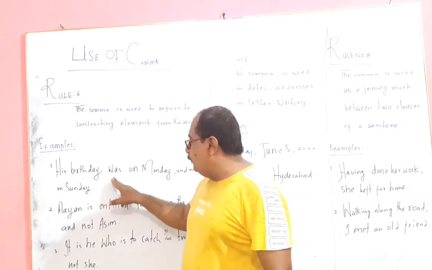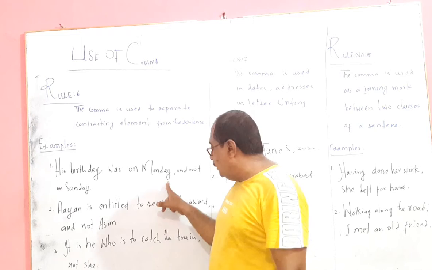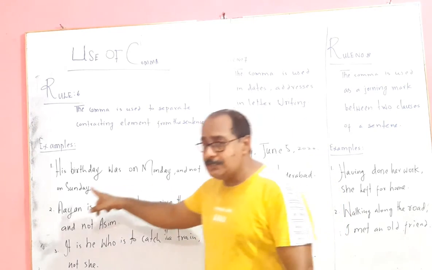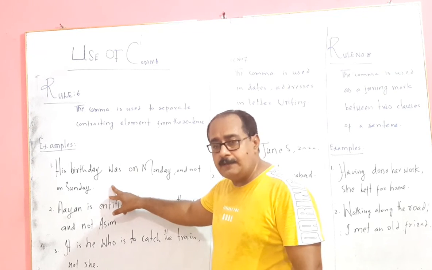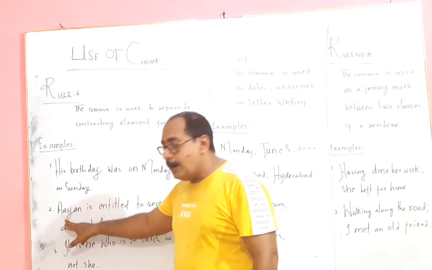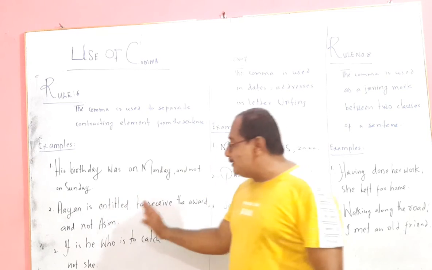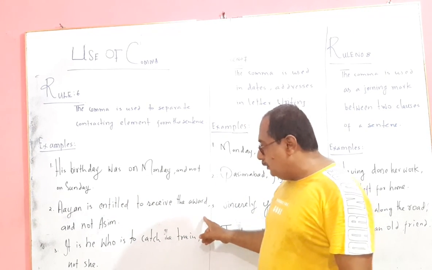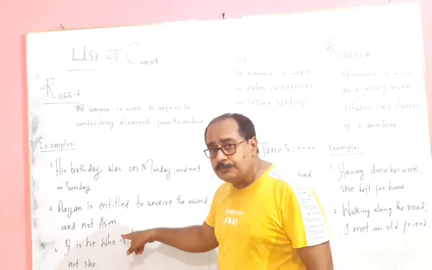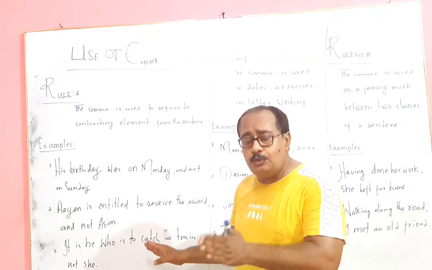His birthday was on Monday, and not on Sunday. So this statement is contradicting that statement. See another example. Ayan is entitled to receive the award, and not Asim. So here, Ayan, not Asim.